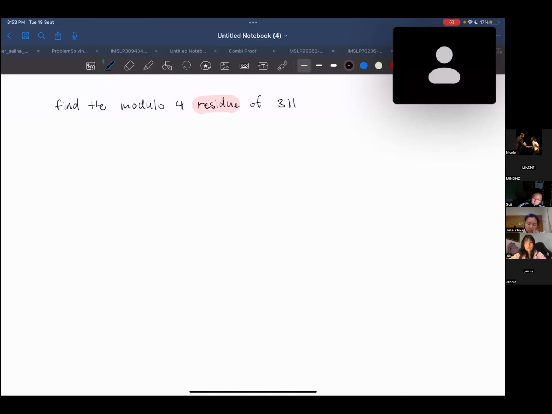Residue just refers to the remainder that I've been talking about this whole time. It's a common way of saying remainder in modular arithmetic. So instead of saying the number that we're dividing by, we say modulus, and instead of saying remainder, we say residue. So essentially what this is asking is, what is the remainder when 311 is divided by 4? Can someone tell me if anyone has an idea?